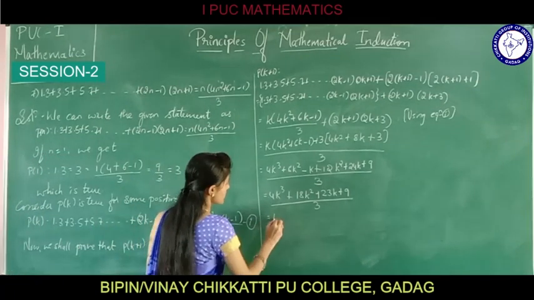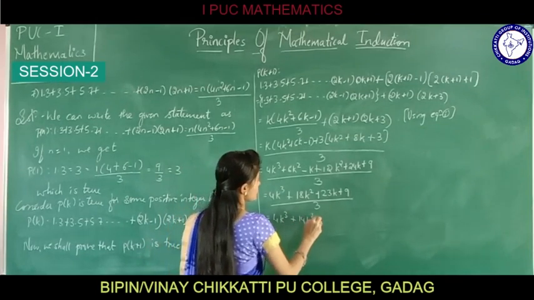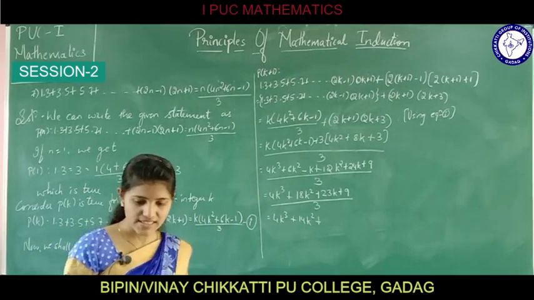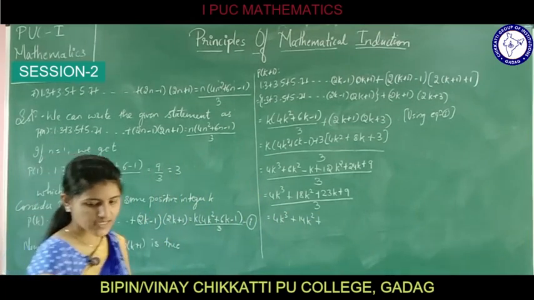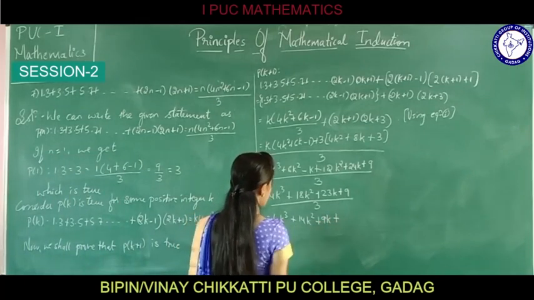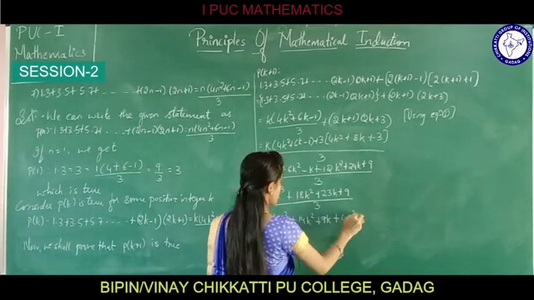4k cube plus 14k square plus 23k and plus 9 can be written as 9k plus. I have taken 14k square, means leftover is 4k square.